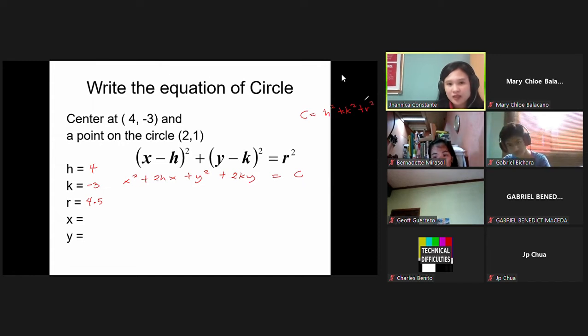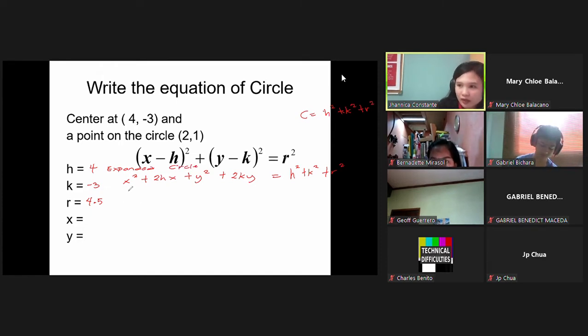That's where we get the c in the expanded form: h squared plus k squared plus r squared. So let's write it in the formula so it will not be confusing. That is for our expanded form of the equation of a circle.